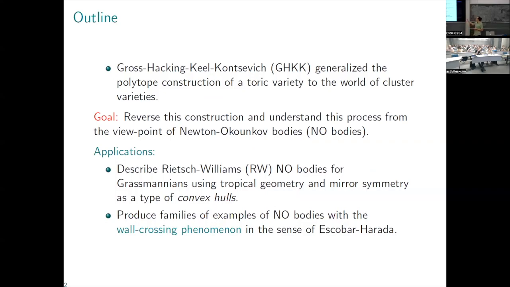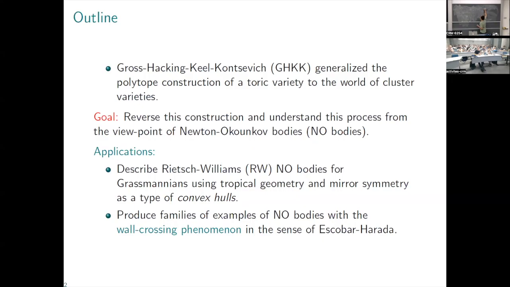Probably the most important work that inspired this was done by Gross, Hacking, Keel and Kontsevich in 2014, where they did lots of things. Among those, they generalized the polytope construction of a toric variety to the world of cluster varieties. What does this mean? In toric geometry, you start with some torus and some convex lattice polytope in a vector space, and out of this you build a toric variety associated to the polytope.